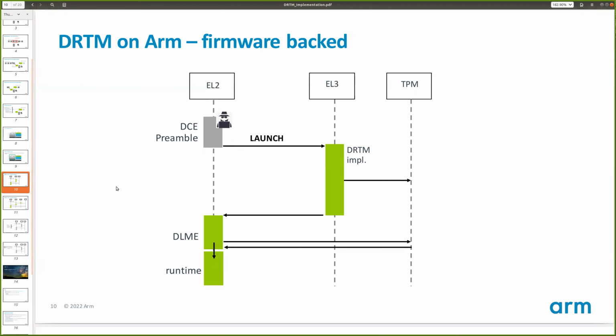The key thing is that when the launch occurs, you go to EL3, which is your root of trust, or in the hardware backed case, the coprocessor. The initial measurement of that goes into the highest locality PCR in the TPM and needs to be done in that root of trust. From that point forward, you have flexibility in where the DRTM components may live.